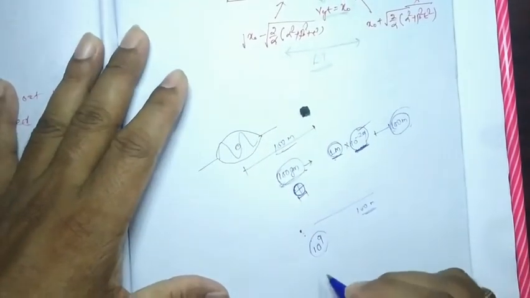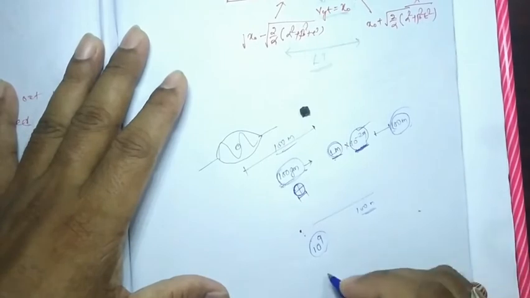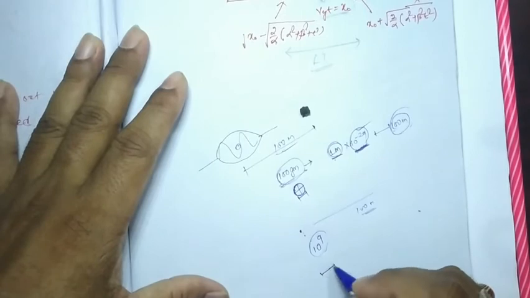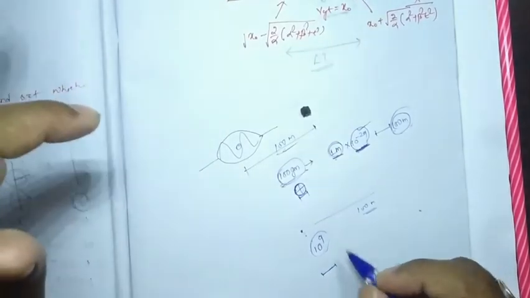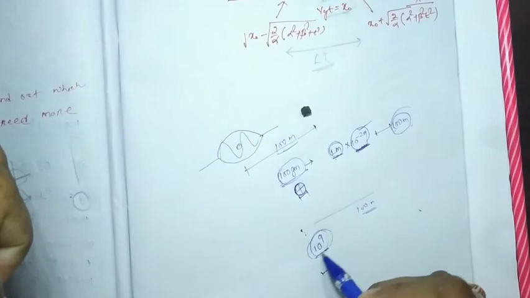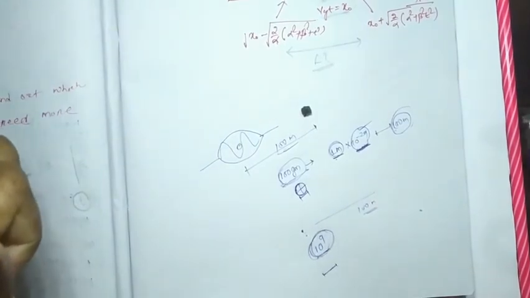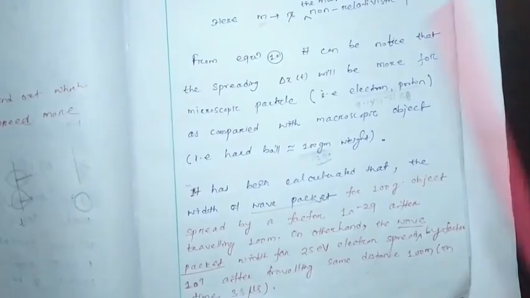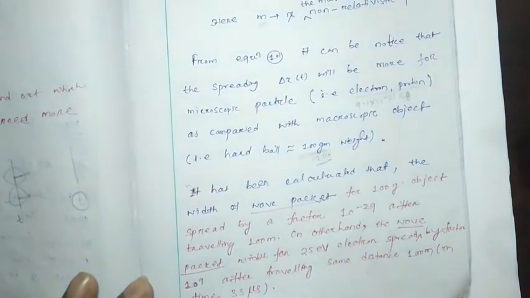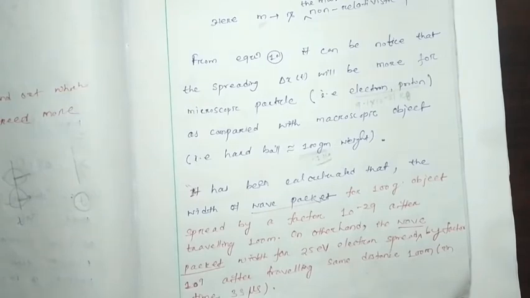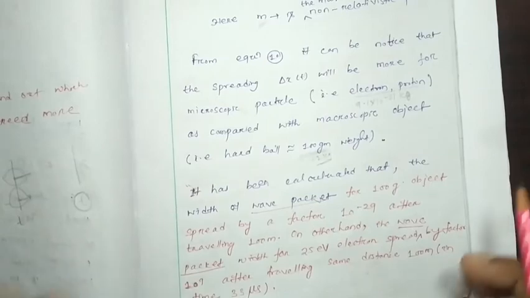So only for that reason can we say the spreading of the wave packet of a microscopic object is significant as compared with a macroscopic object.